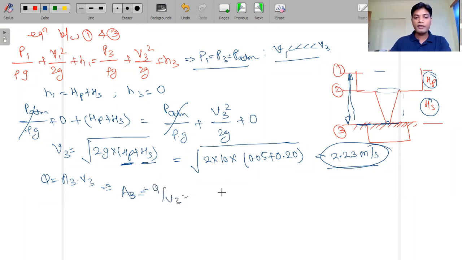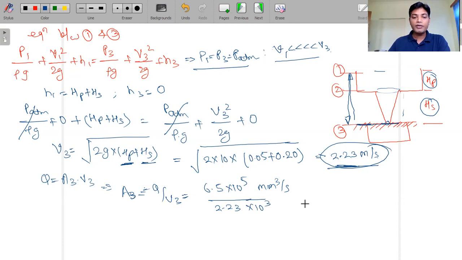Okay, so you have the value of Q, that is 6.5 into 10 raised to the power 5, but that is in mm cube per second. Here you calculated this value in meter per second, so just convert that into mm per second. So this is 2.23 into 10 raised to the power 3.